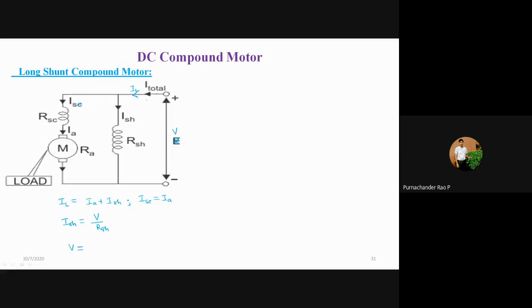Now we need to apply KVL for this outer loop.